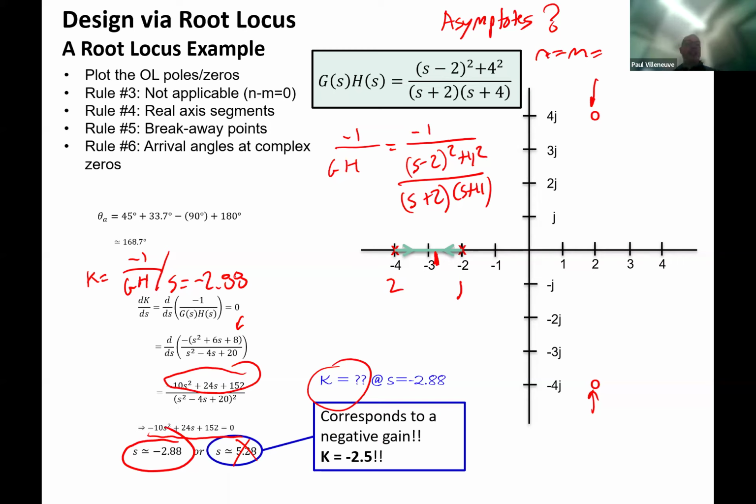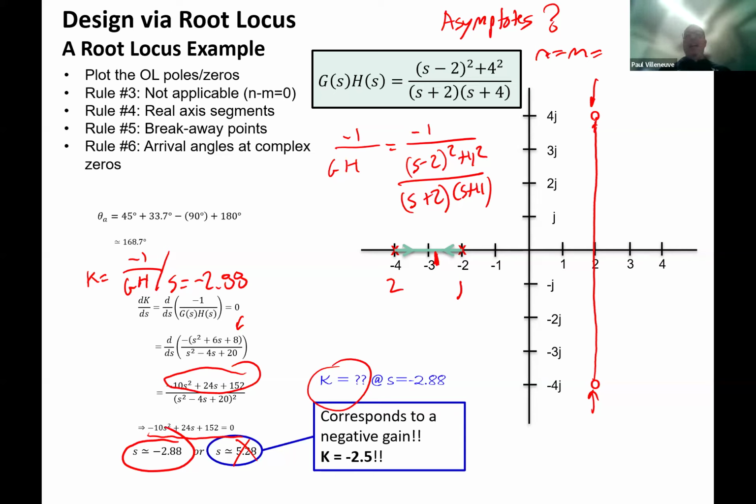So now the next thing we need to do is solve for the arrival angles, not the departure angles, the arrival angles, because I'm arriving at 2 poles. So my arrival angle for one of the poles, we have this angle here, right, which we already said is 90 degrees.